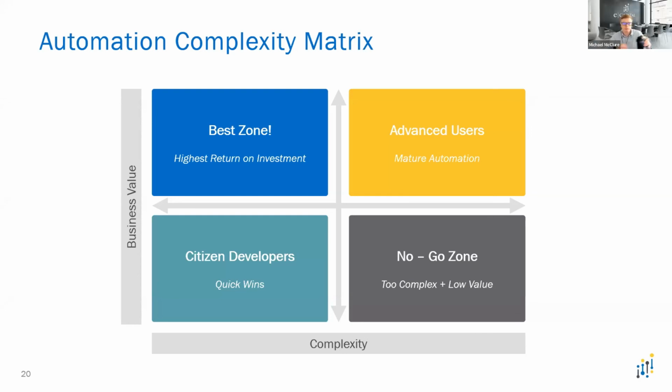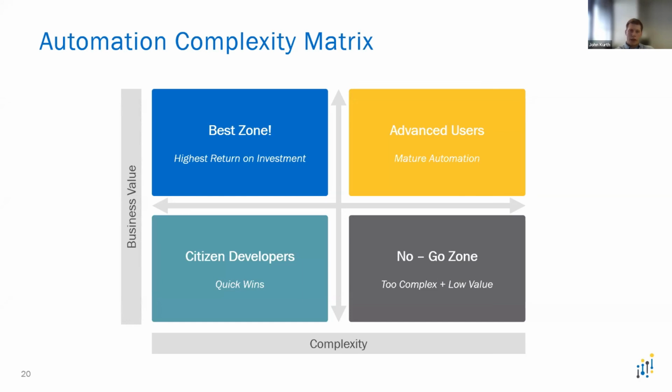So to Michael's point, getting started, where we really want to see organizations start is in the upper left best zone there. And that's really where we want to work with you to make sure that you're stepping off on the right foot. And then as you continue on your automation journey, start to enable the team.